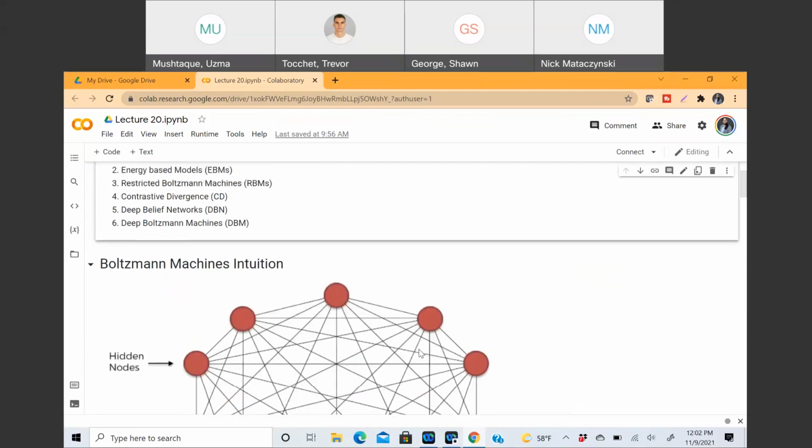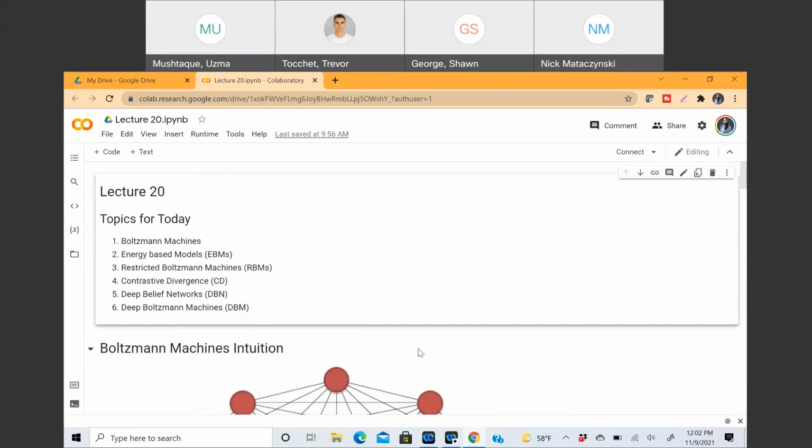Fine. So until now, we have looked at neural networks in a great amount of detail. You've looked at feed-forward networks, convolutional neural networks, and recurrent neural networks. If you think about them, in general there is some information or data flowing in certain directions.